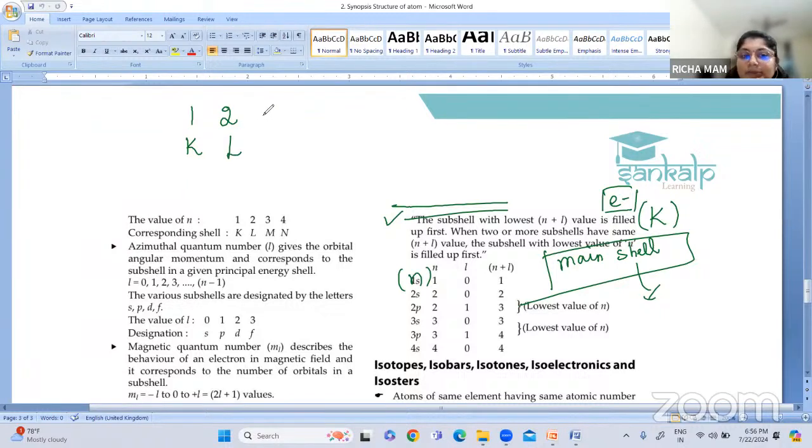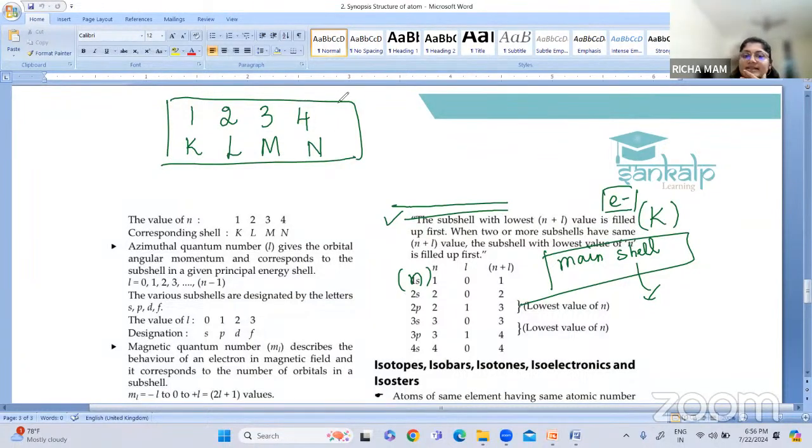If the value is 3, then it is M. And if the value is 4, then it is N. These are the only four possibilities; there is no 5 or 6. So n = 1 is the K main shell, n = 2 is L, n = 3 is M, and n = 4 is N.